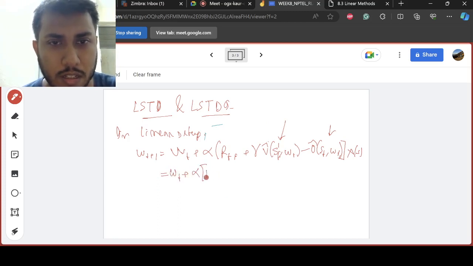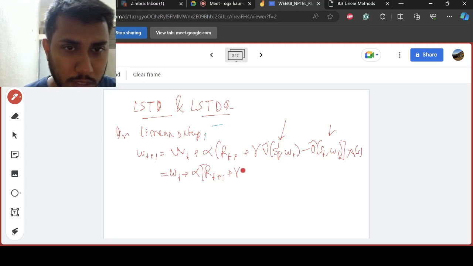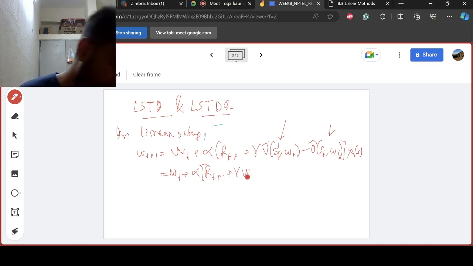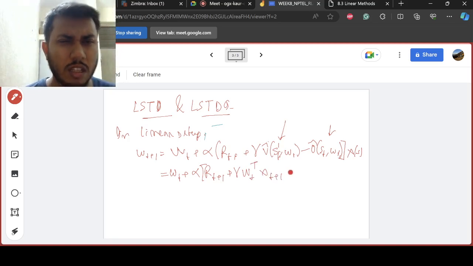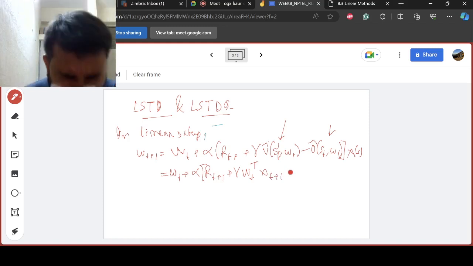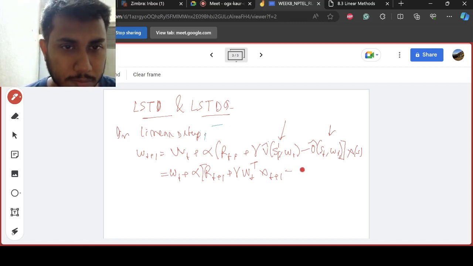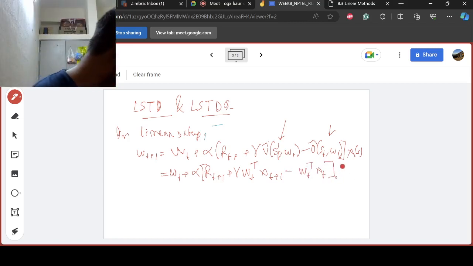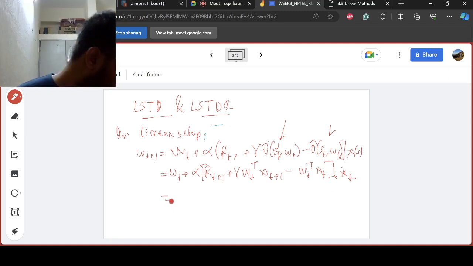W_t plus alpha (R_{t+1} + gamma W_t transpose x_{t+1} minus W_t transpose x_t) x_t. And if I simplify it, I'm just writing down the formulas.